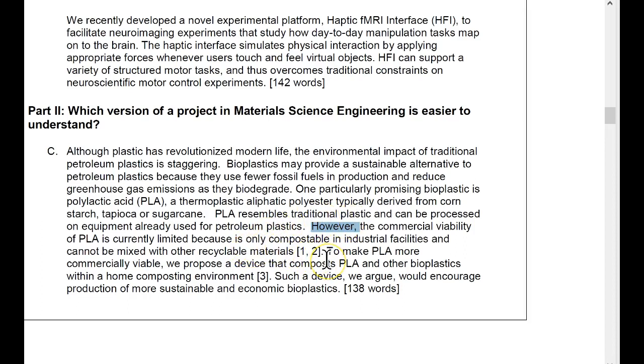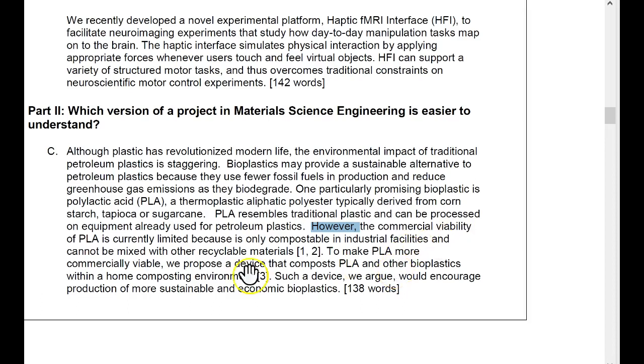It's only compostable in industrial facilities and cannot. Another word indicating negativity here. So to make PLA more viable, we propose this solution. And this is also nice. See how they repeat this language here? So the problem is that it's not commercially viable.